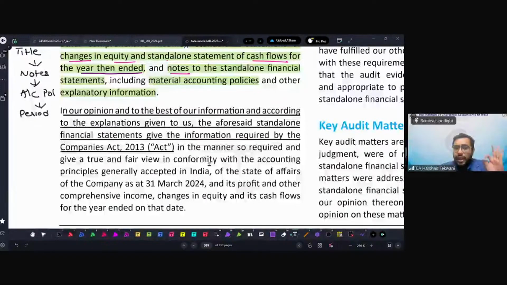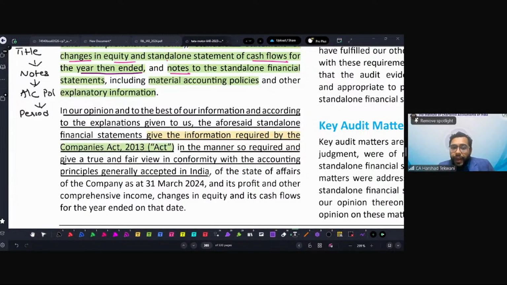This is the first thing, they are talking about compliance framework, because it says they give the information that is required by the Companies Act. Subsequently, they are talking about in the manner so required, and gives a true and fair view in conformity with the accounting principles generally accepted in India.